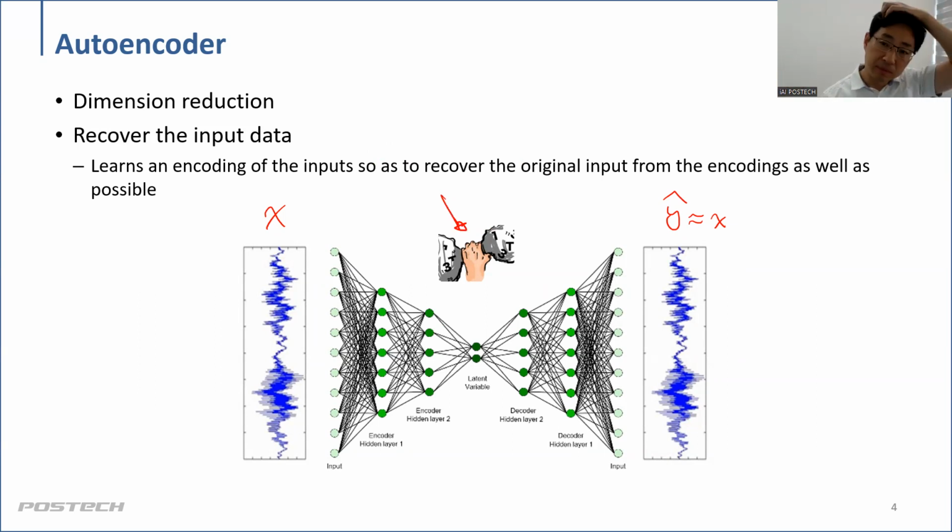By doing this, the network structure starts from 100, and the output should be the same size because the goal is to reconstruct, right? So the input and outputs should be the same size. But in the middle, say, I will use 50, 30, 2, 30, and 50, like this. These are the hidden layers.